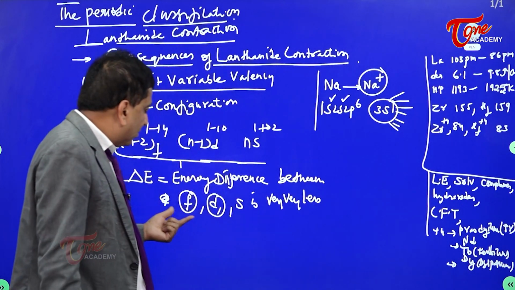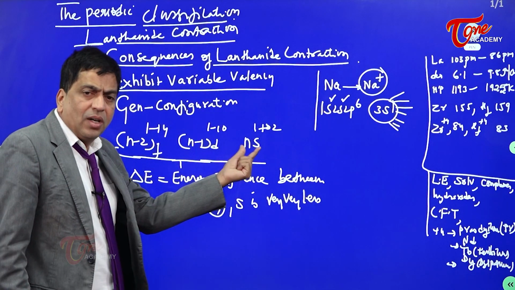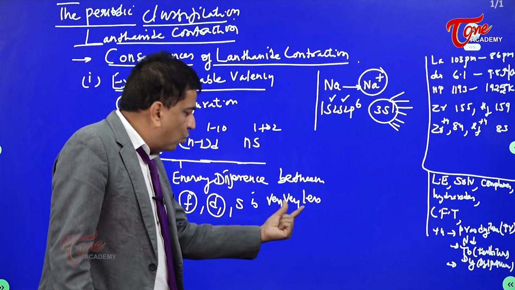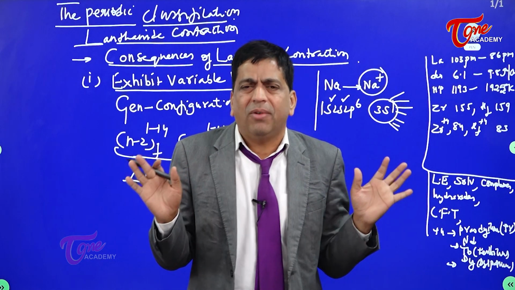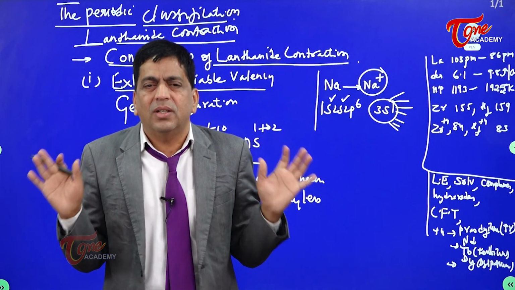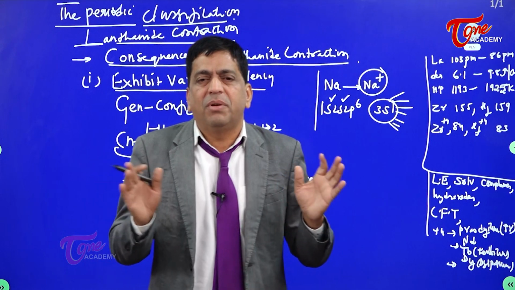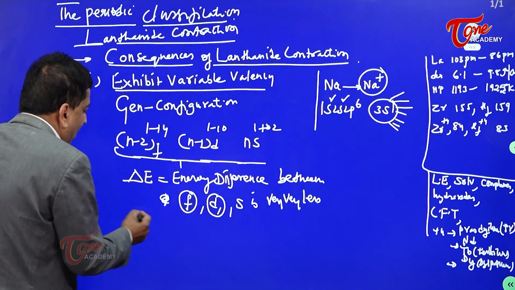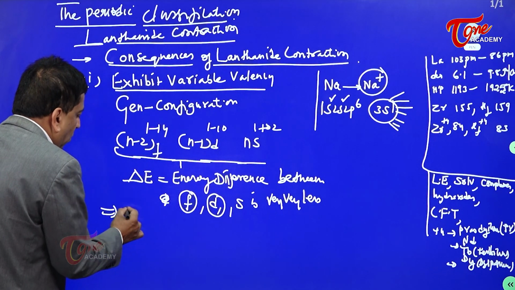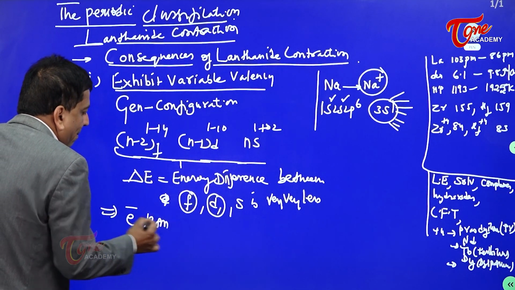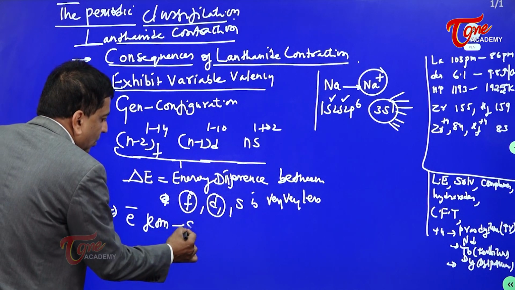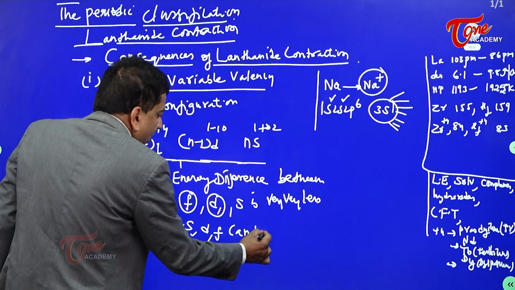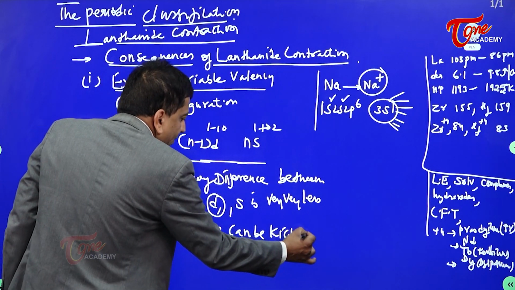You look here. The energy difference between this ultimate, penultimate and anti-penultimate is basically too less. Very less, in fact. When the energy difference between these is very less, then it implies electrons from S, D and F can be removed, can be kicked out.